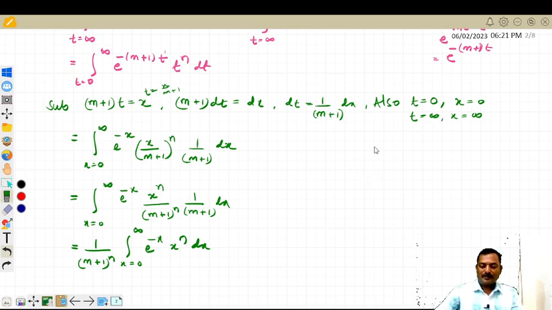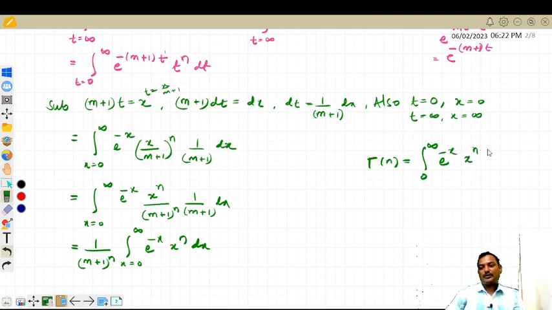So as you know the definition of the gamma function, gamma of n is equal to integral from 0 to infinity, e raised to minus x into x raised to n minus 1 into dx, students. So now in this, you need to substitute n by n plus 1 and observe what will happen.